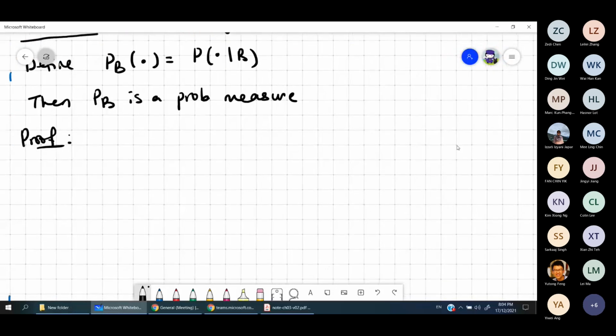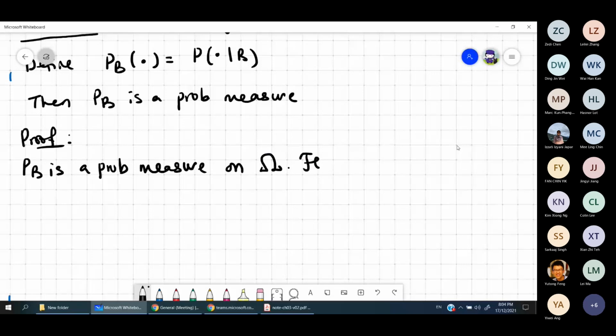Okay, so we can verify one by one. So P_B is a probability measure on this Omega together with this script F, because it satisfies these three.